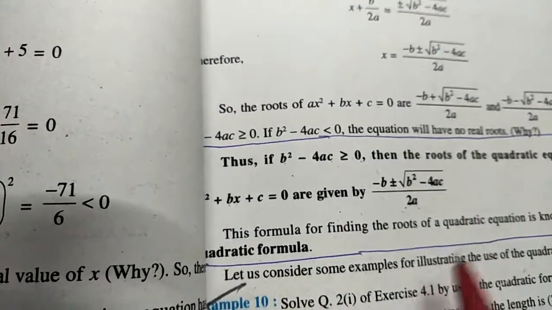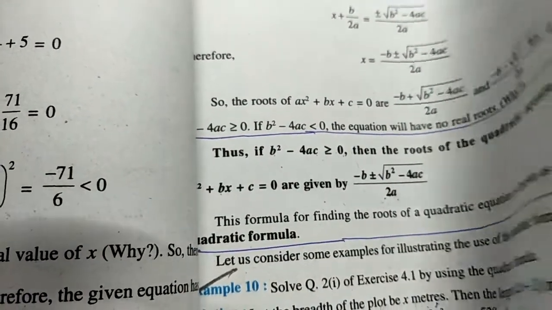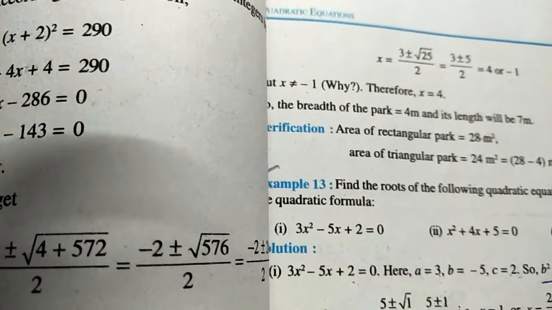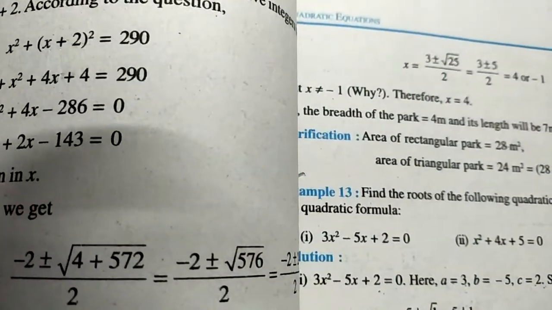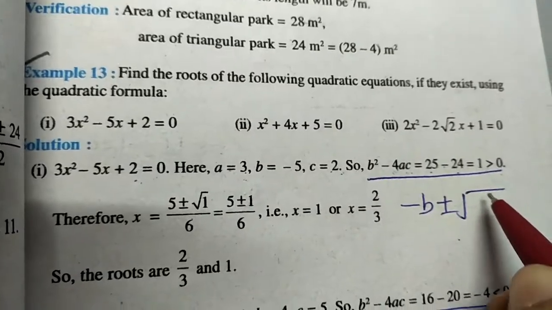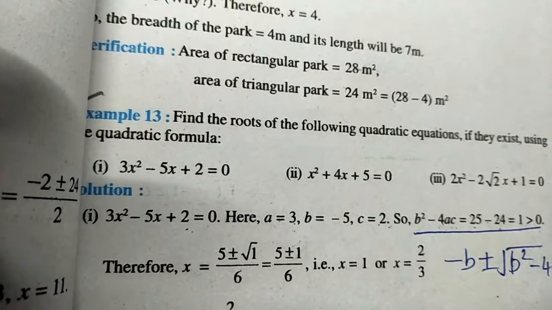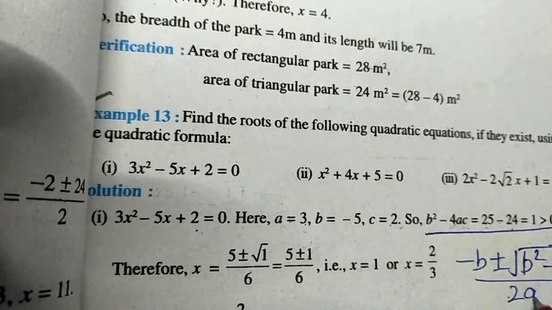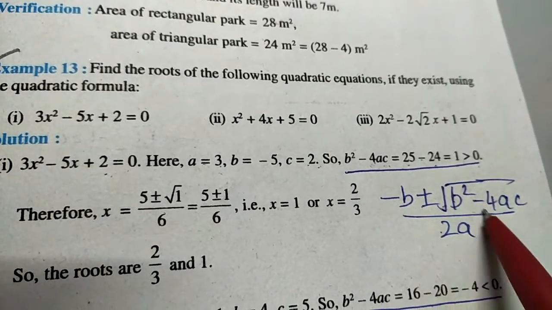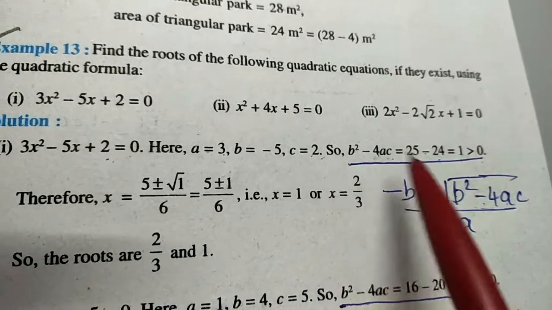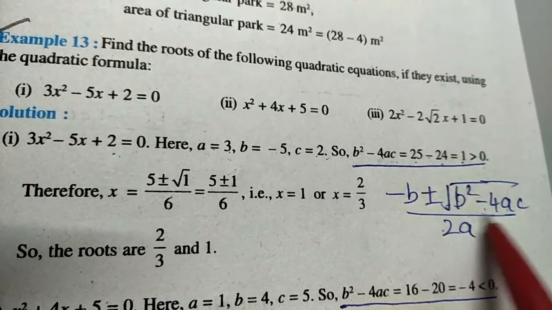That is minus b plus or minus root b square minus 4ac upon 2a. Now in this formula we have already found out b square minus 4ac. How much is it? It is 1.